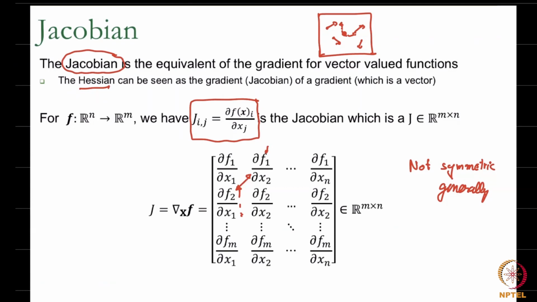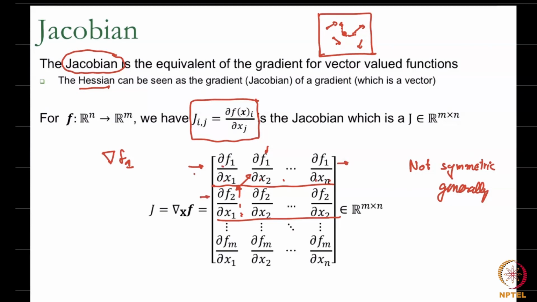Okay, now what is the meaning of each one of these? So remember, let's split this row wise. What this row says is, you can now think of this as the gradient of just the term f1. So again, if we look at velocity, this would be how much does the u velocity change with each one of the spatial variables. Okay, so how much does the v velocity change with each one of the spatial variables?